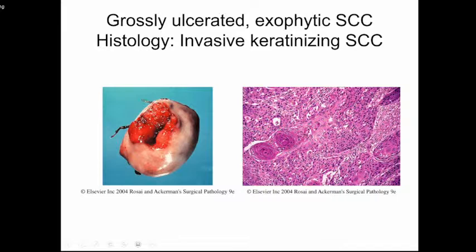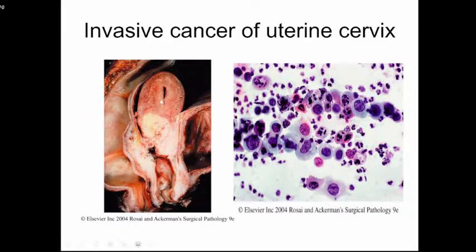And this is an important picture I thought I'd show you from Ackerman's Surgical Pathology to show you late stage disease. So this is the uterus, the body of the uterus, and the cervix has been completely eaten away by this white tumor that extends posteriorly to the space between the vagina and the cervical region.